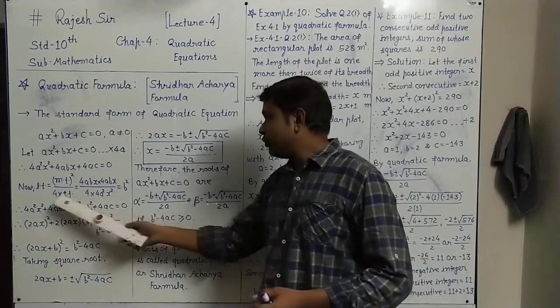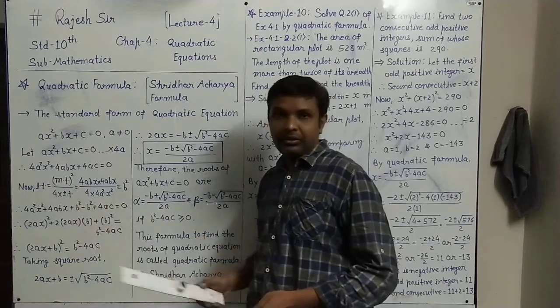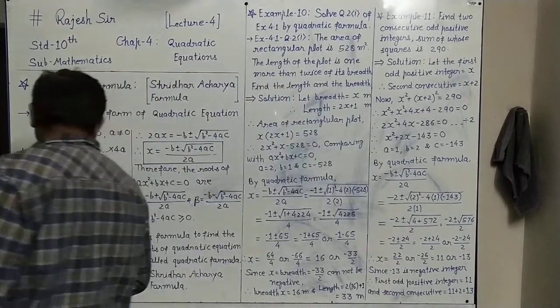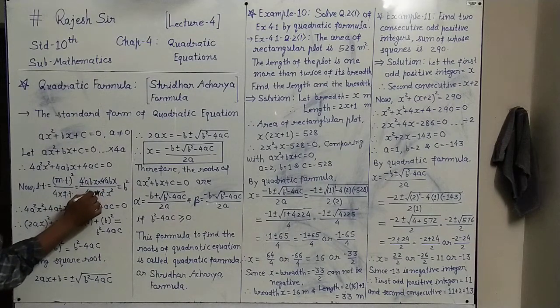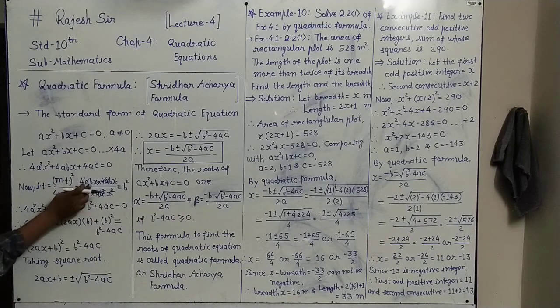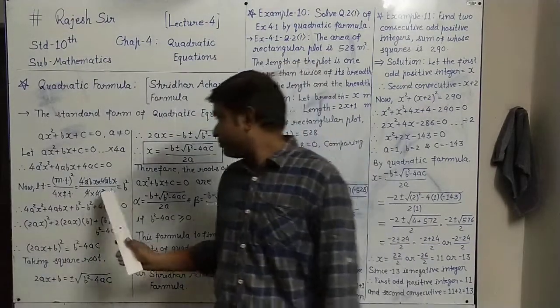And down there, 4 into the first term is 4a square x square. Now what happens here? One 4 cancels, the second 4 also cancels. One a and one a cancel, the second a and second a cancel. One x cancels this way, the second x cancels this way. What is remaining? b into b is b square.